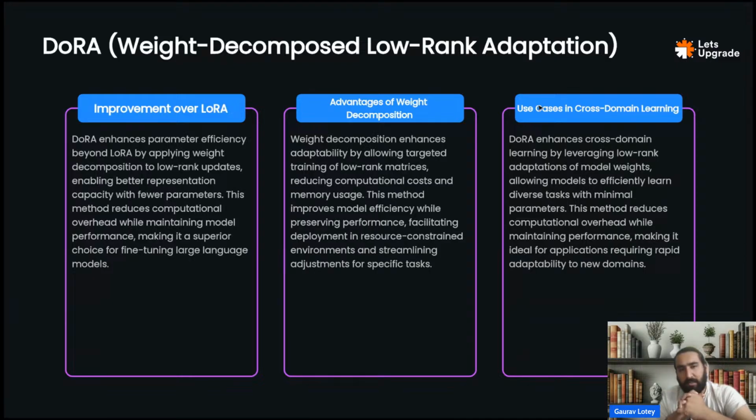Actual fine tuning impacts both magnitudes and directions, which LoRA also does, but this is the idea of how DoRA works. DoRA enhances cross-domain learning. This method reduces computational overhead. It maintains performance, as the paper publishes, and it is another way if you do not want to do LoRA in any case.